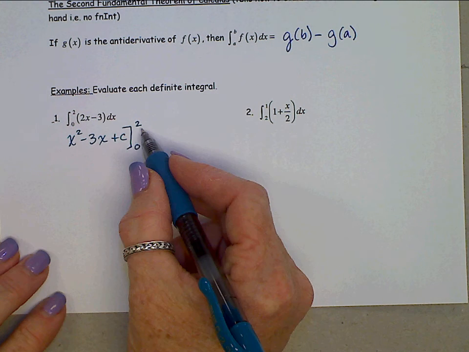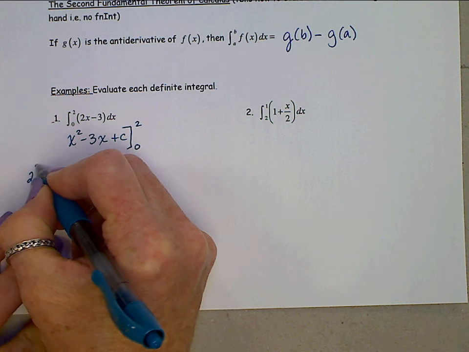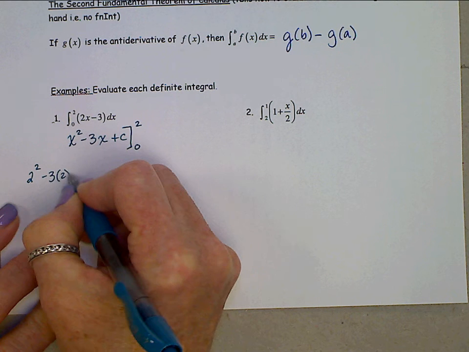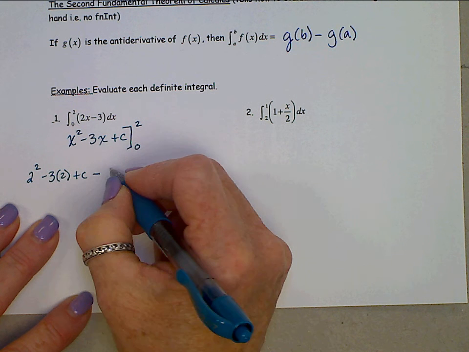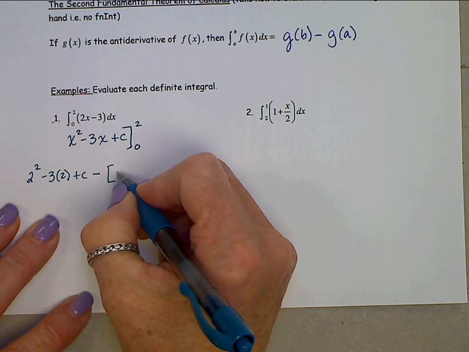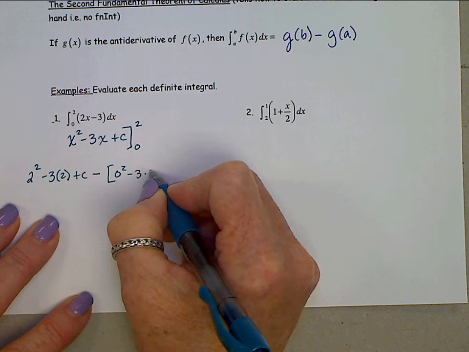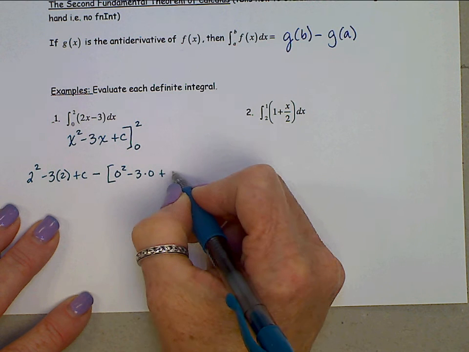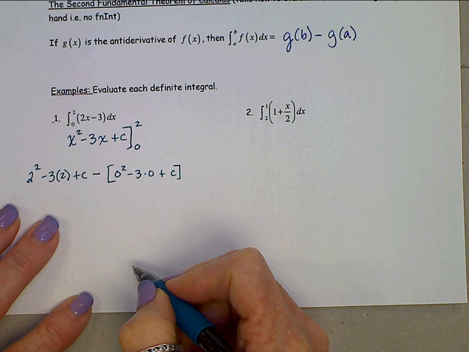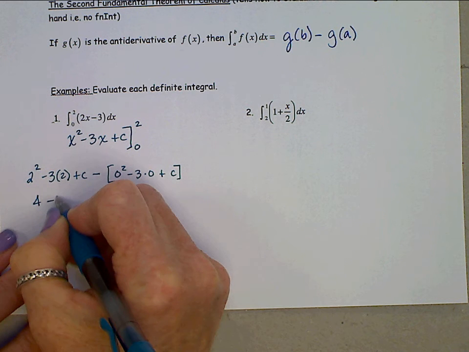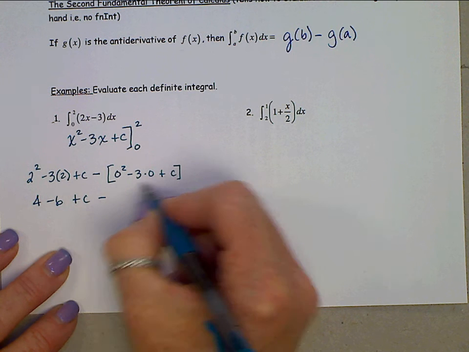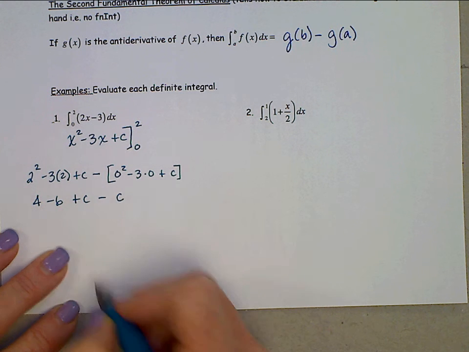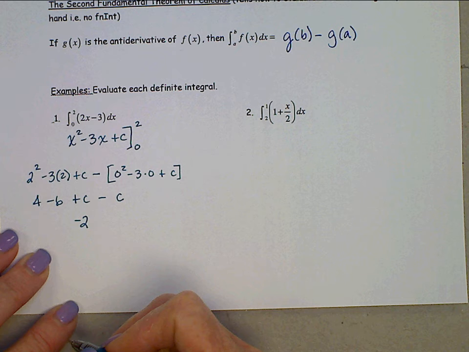Now let's plug in the 2. That'll give us 2 squared minus 3 times 2 plus c. Then let's subtract off, plugging a 0 in here, 0 squared minus 3 times 0 plus c. Simplifying, 4 minus 6 plus c minus, this gives us just a c, and we end up with negative 2.